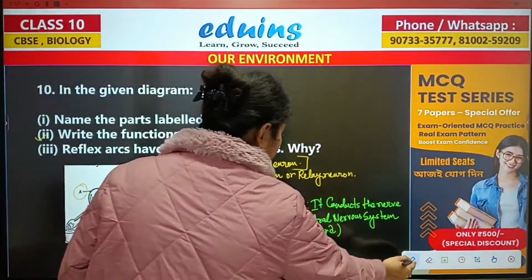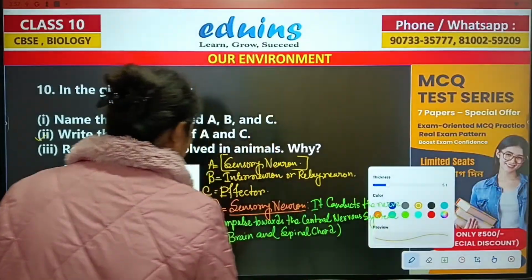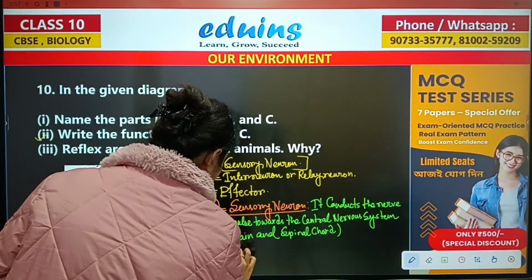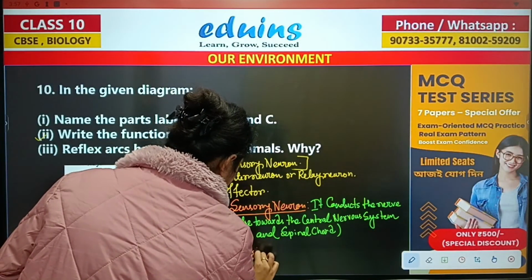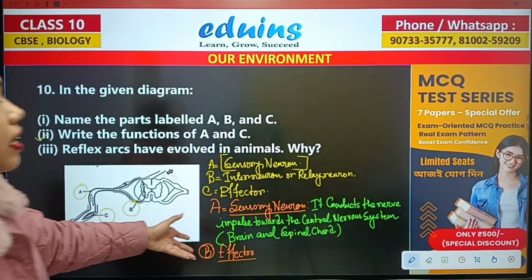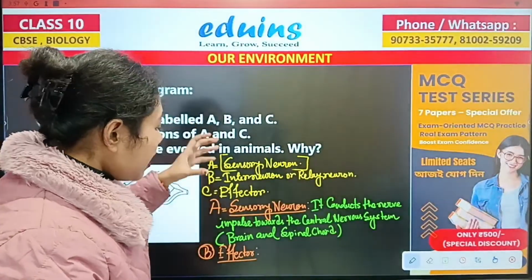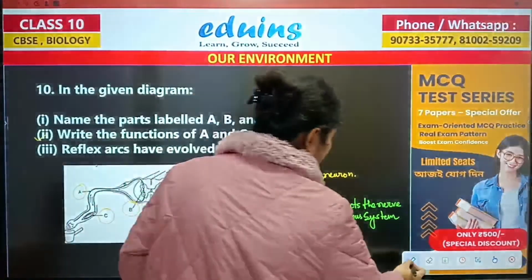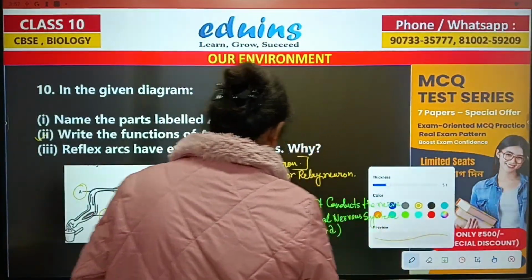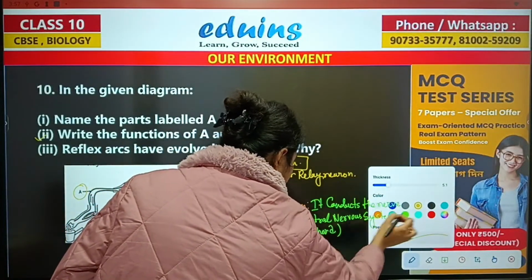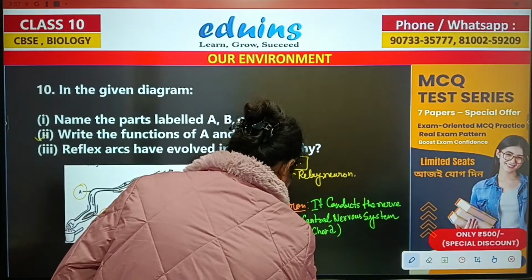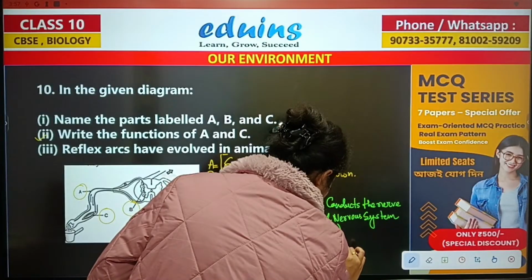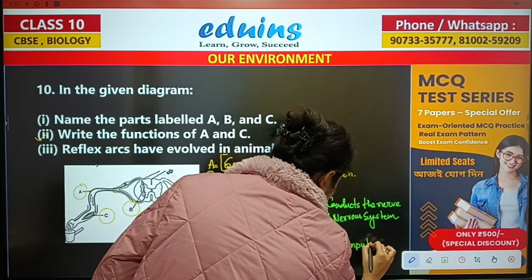Okay, then it comes to the effector. Effector controls the nerve impulse that comes from the central nervous system or CNS. It controls the nerve impulse by responding to it.